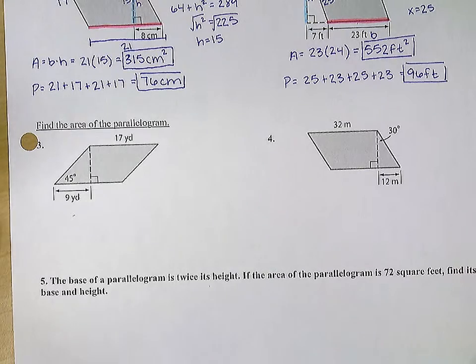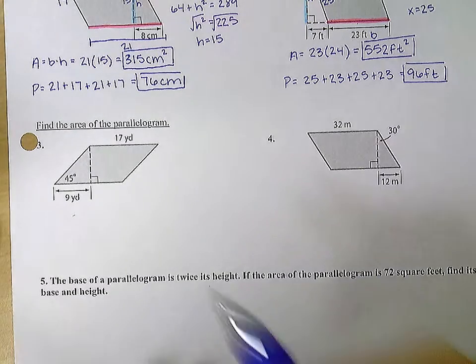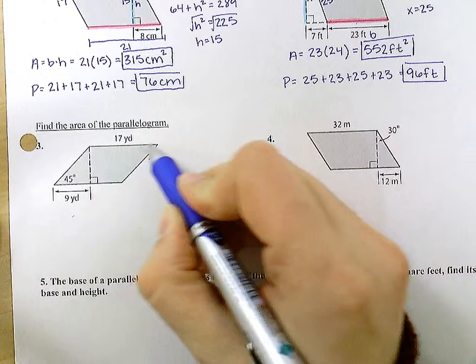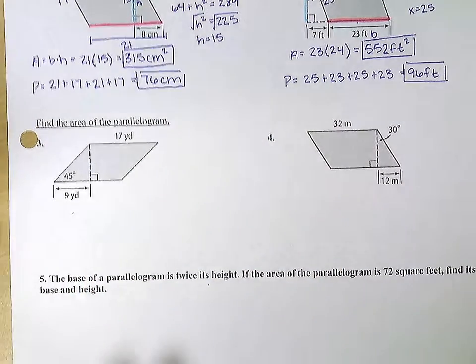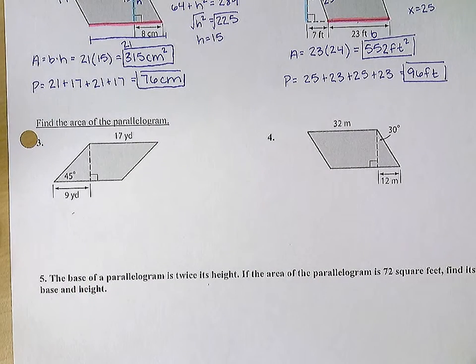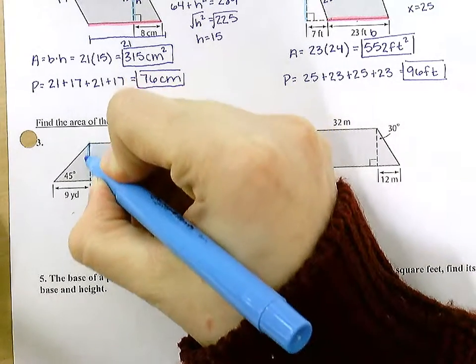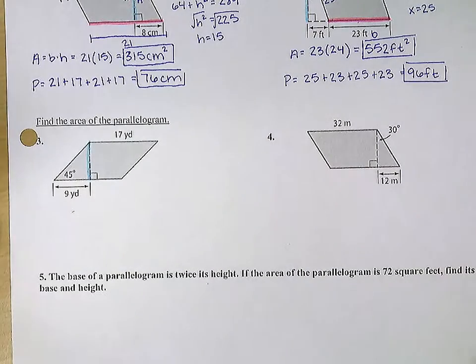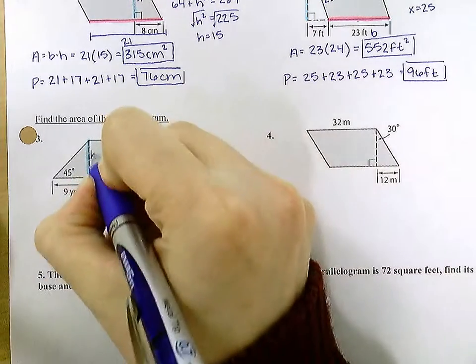So in number 3, we have this side is 17, this piece is 9. Now for finding area, again, we need the height. Where is the height in this picture? That dotted line. Good. So your height is that perpendicular distance there.